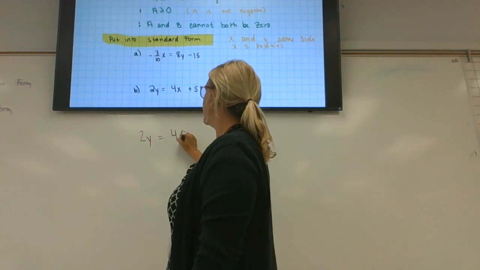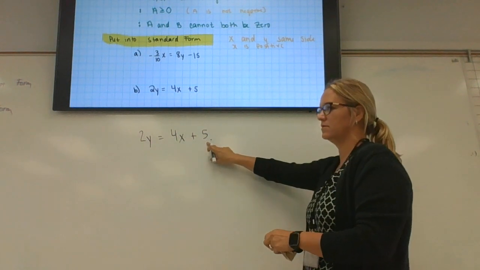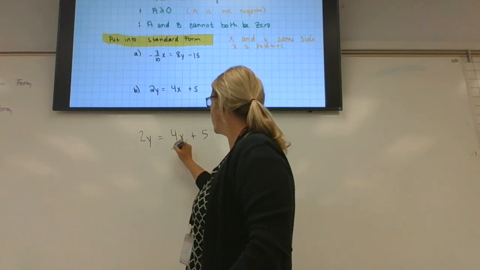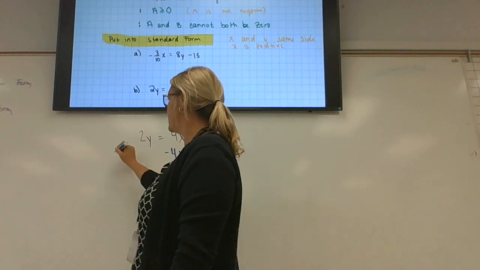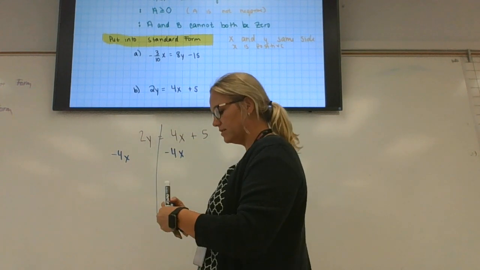We want x positive is what I said. The constant should be alone. The number by itself. I don't know if that answers your question. I'm going to subtract 4x and move it over here. X and y together on the same side.